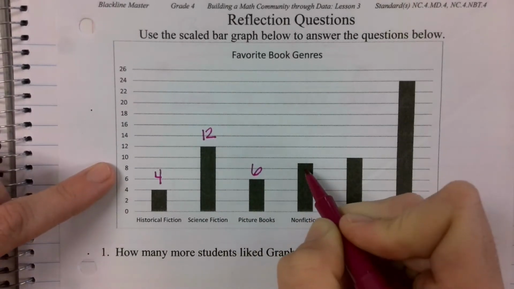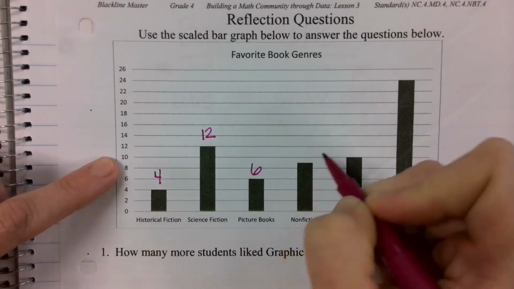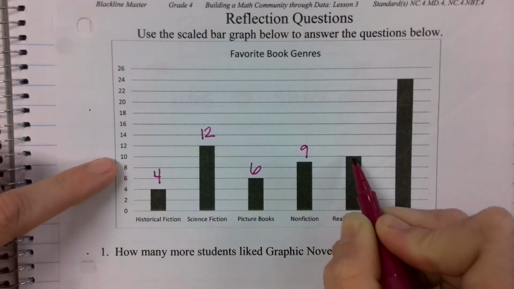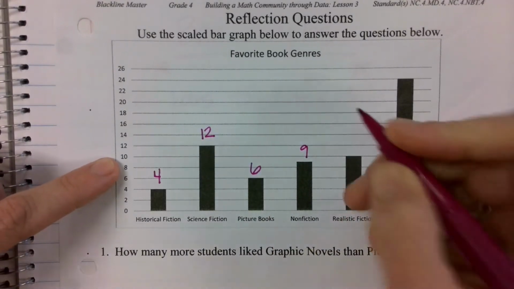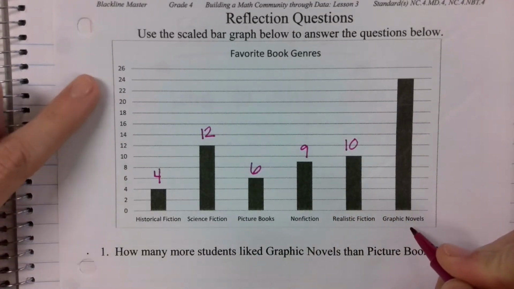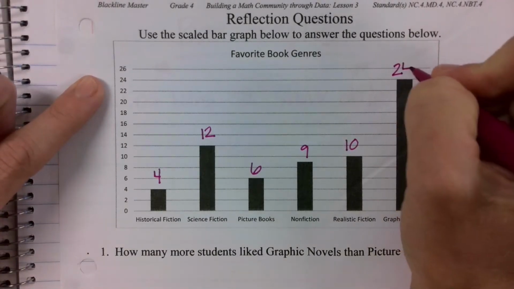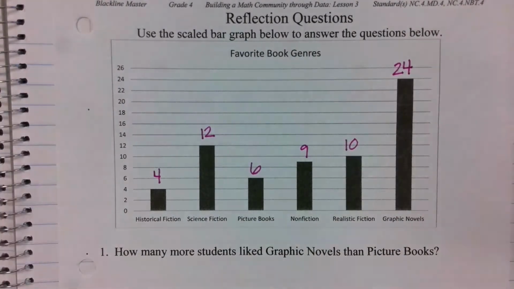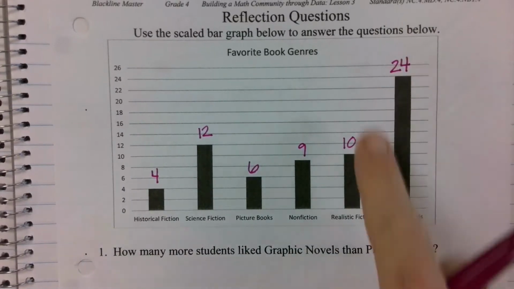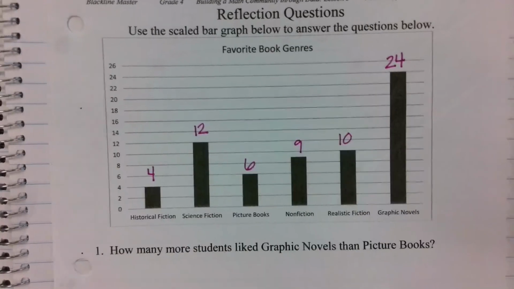Nonfiction, it's right between the 8 line and the 10 line, so that must be 9. Realistic is over at 10. And then graphic novels, so you're up at 24. Okay, so all I've done is I've read the chart to see how much each one equals.